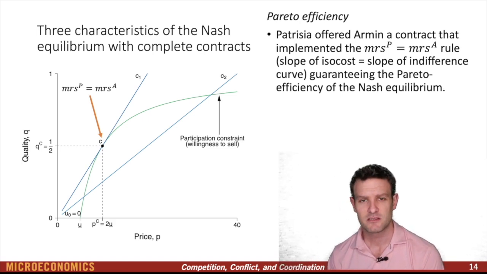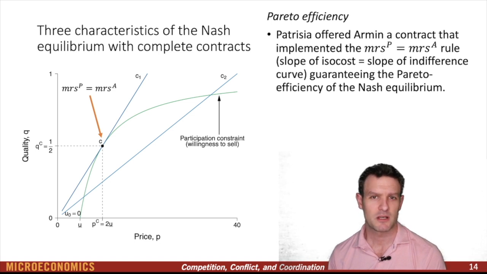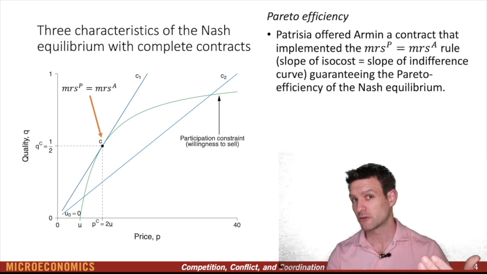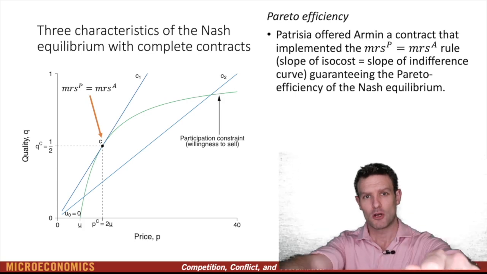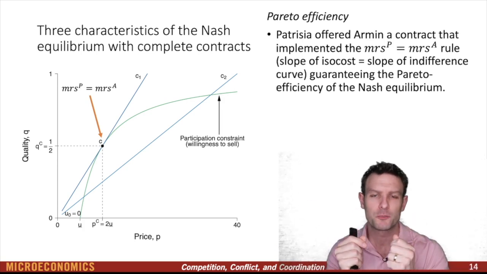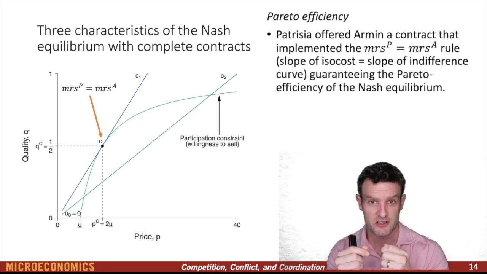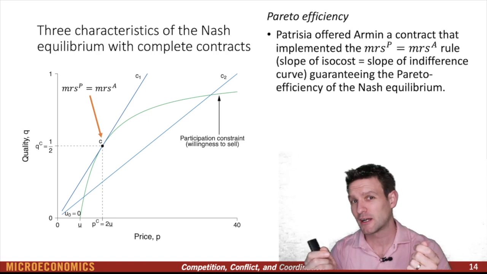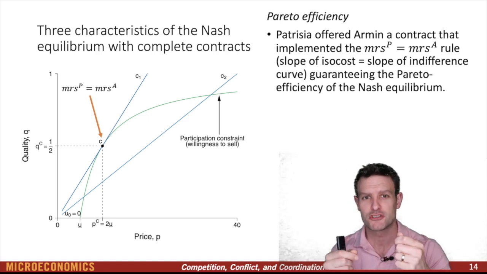Now, in this case, that the marginal rates of substitution are equal guarantees that we have a Pareto efficient outcome. The reason being that, remember, the marginal rate of substitution can also be interpreted as willingness to sell or willingness to pay. In this case, there is no alternative outcome where either of them would be willing to pay for an additional unit.